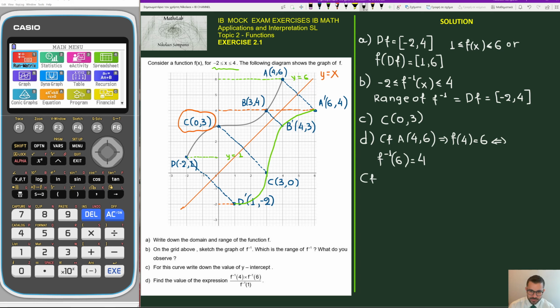Our graph passes through the point B (3, 4), so f(3) equals 4. So for the same reason, the value of the inverse function of f at 4 equals 3.